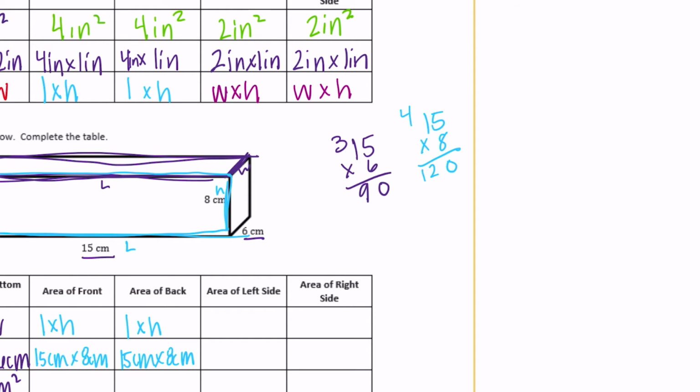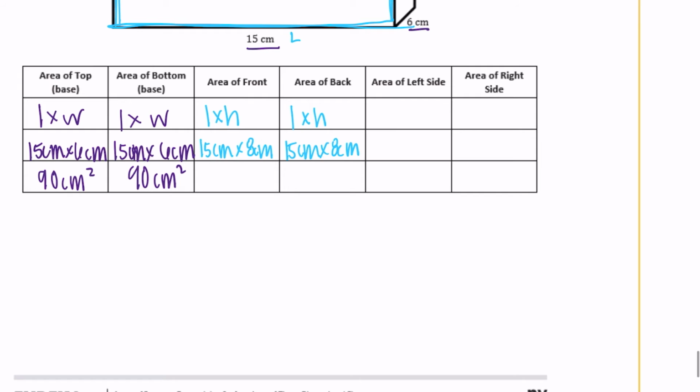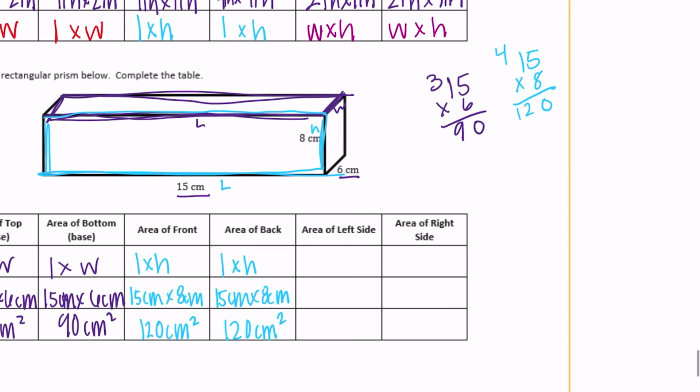It should be 120 centimeters squared. And then the area of the side, I'll do the right side because it's visible, where you're doing the width times the height. But then we know that the left side is the same. So the width times the height was 6 centimeters by 8 centimeters, which is 48 centimeters squared.